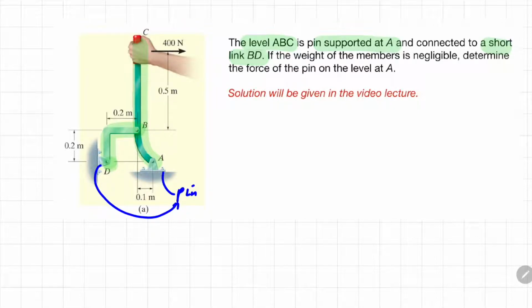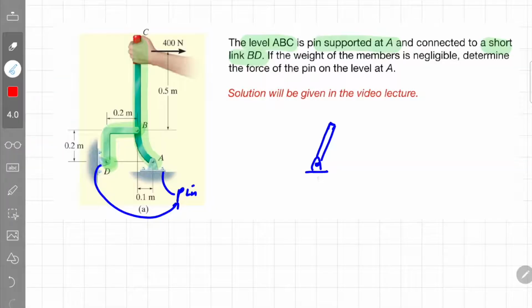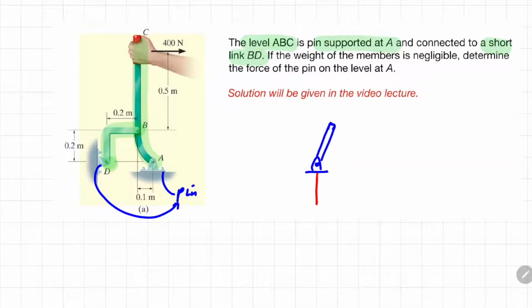If you refer to your support reaction table, if that part is a pin like this, I drew it badly, but never mind, I just want to show you the effect of a pin support reaction. It can be resolved into a vertical force, which we call Fy, and also a horizontal force, which we call Fx.